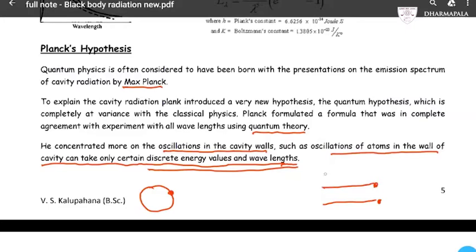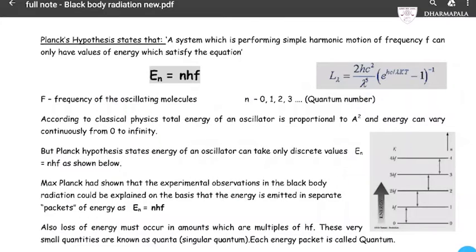So there are some discrete energy levels that these atoms can move to. In his hypothesis, he mentioned that a system performing simple harmonic motion of frequency f can only have values of energy which satisfy the equation E equals nhf.